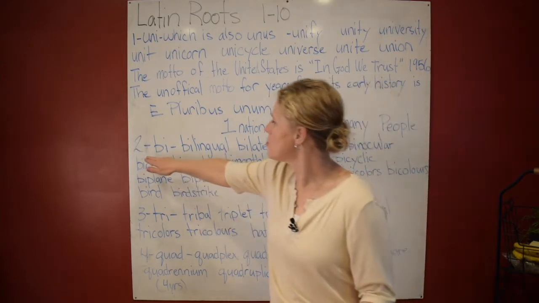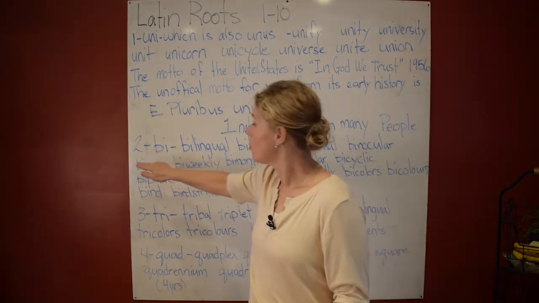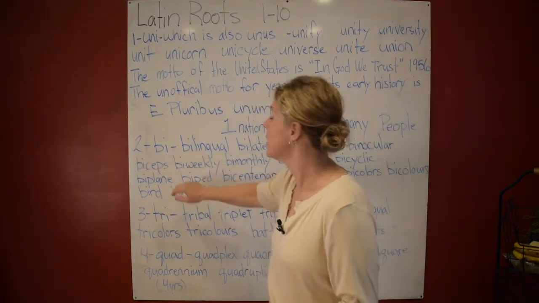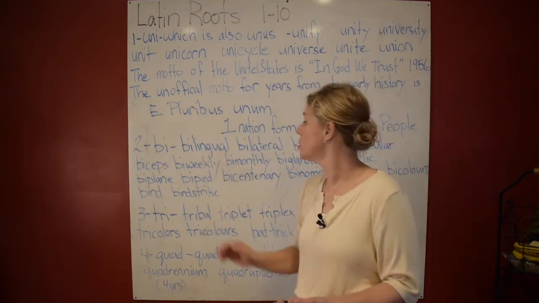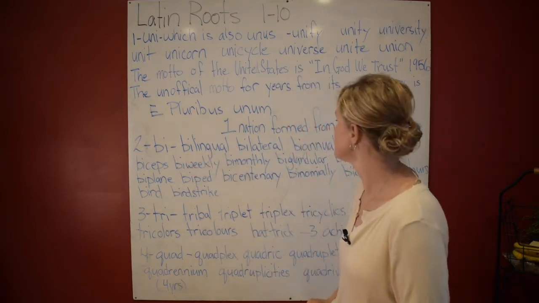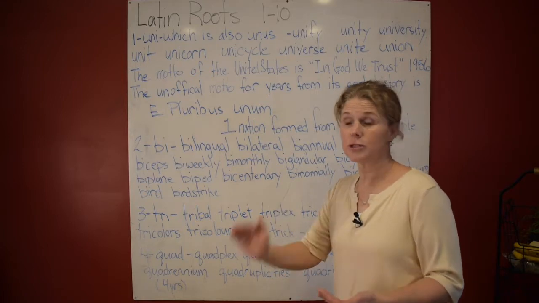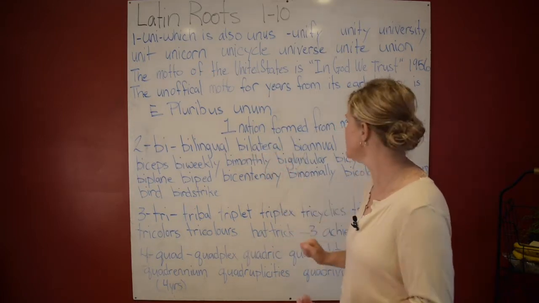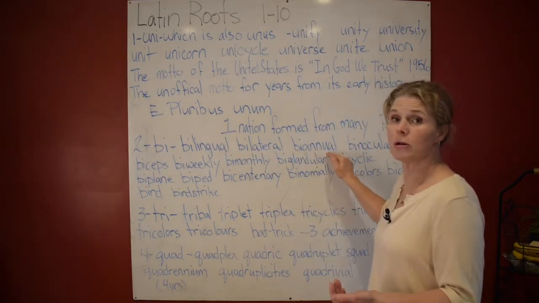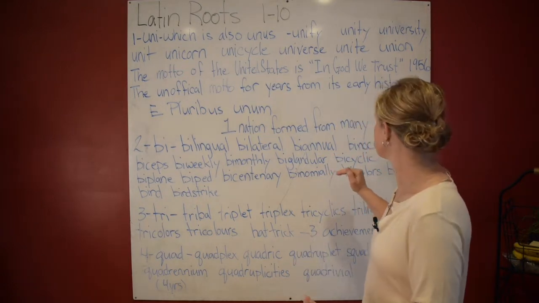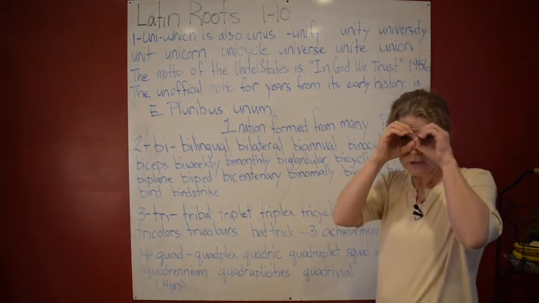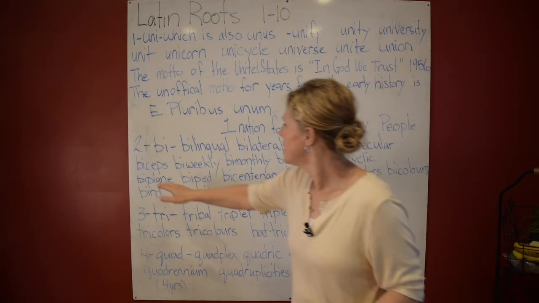Okay, so now we have the number 2, which means bi, like bilingual means 2 languages. Bilateral, 2 sides. Lateral means sides. Biannual means twice a year. Binoculars, you can see with 2.